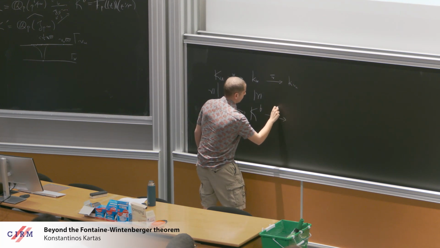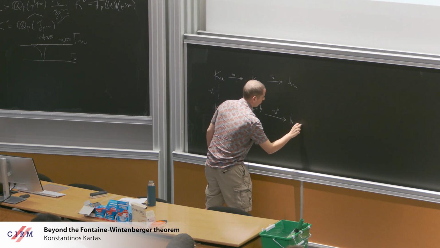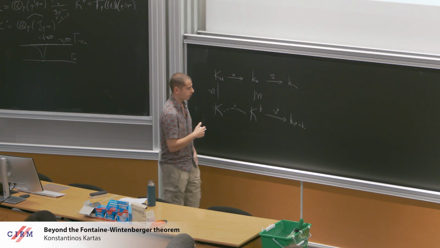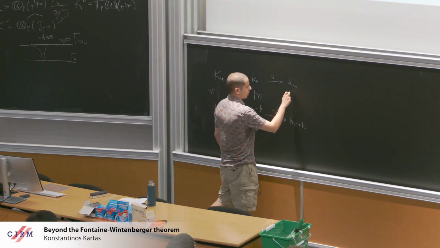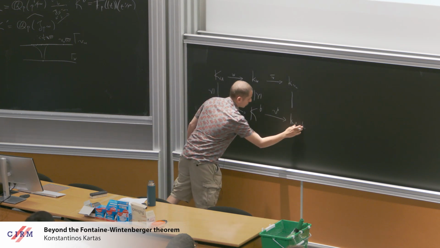And this is just V flat, which is incidentally, okay, so the residue field is the same as the residue field of K. Okay, maybe I can just remove this.